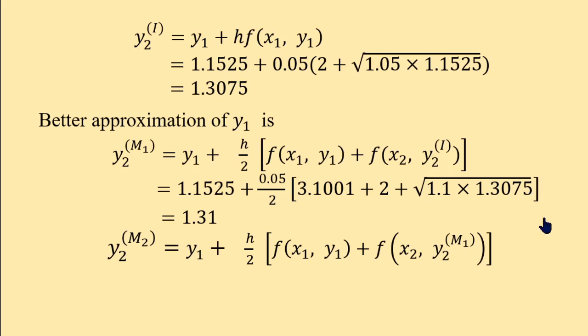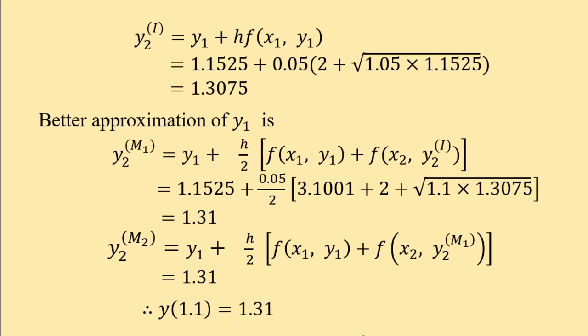That means in the previous calculation replace this by 1.31 and everything is the same. So if the value is the same, yes, we got the same value 1.31, therefore stop the process. Y at 1.1 is 1.31, that is the required answer. y2 is nothing but 1.31, that is y at 1.1.